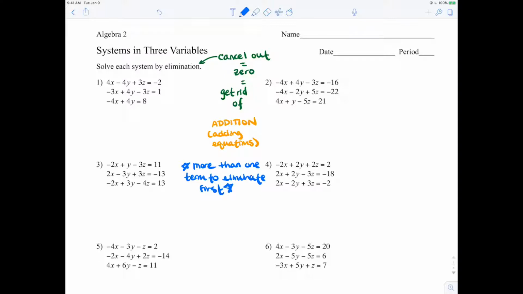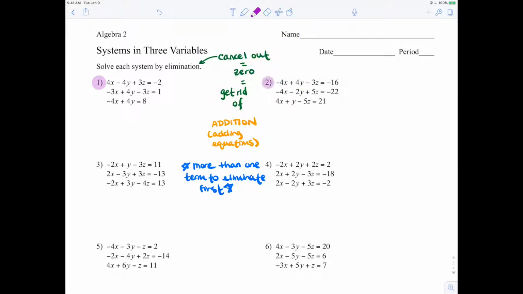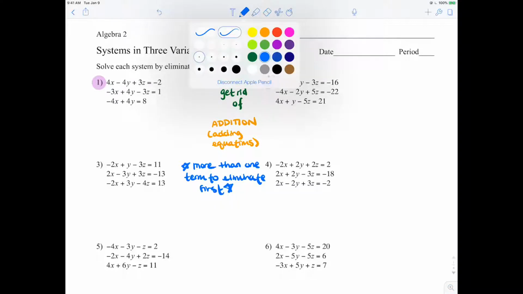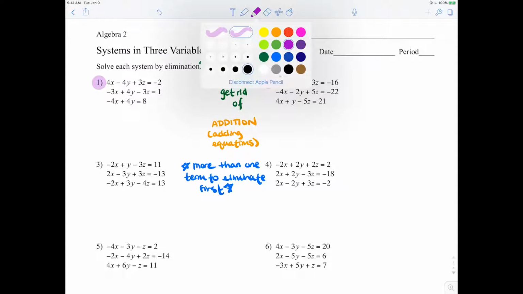So let's look at some examples. And I'll do numbers 1 and 2 for you, and then you'll do the rest on your own. I see here that in number 1, there are a couple of things that can get eliminated first.